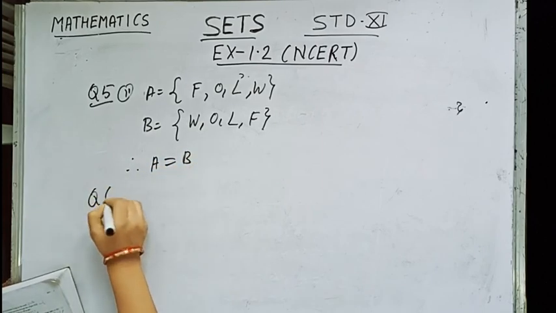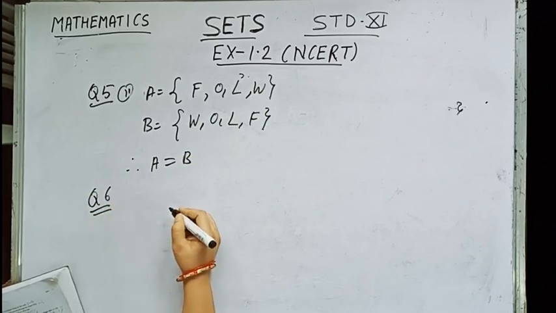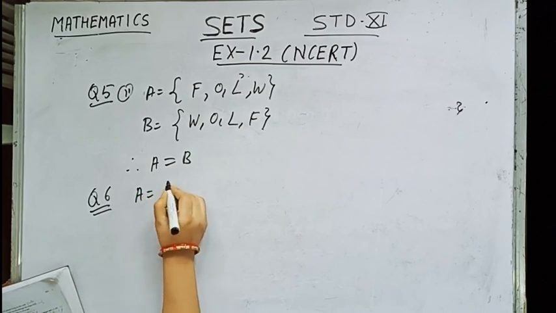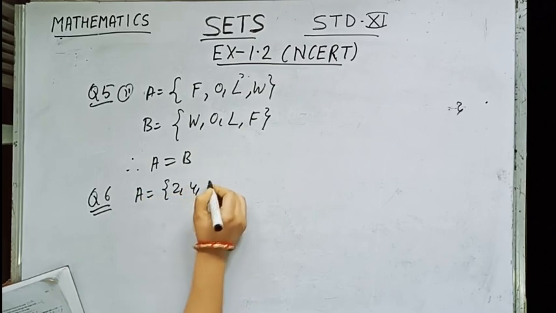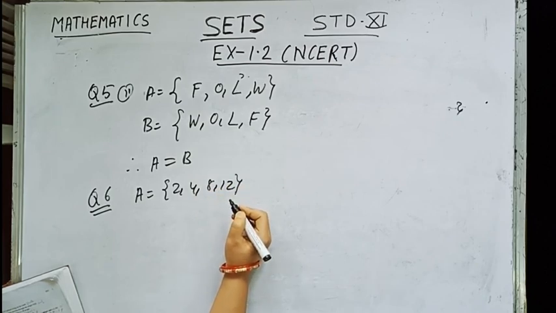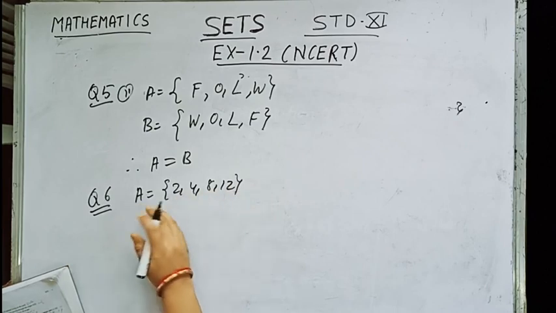Now question number 6 says that from the sets given below select the equal sets. Now set A is {2, 4, 8, 12}. Also let us find one set which is {2, 4, 8, 12}. No one is there as {2, 4, 8, 12}.